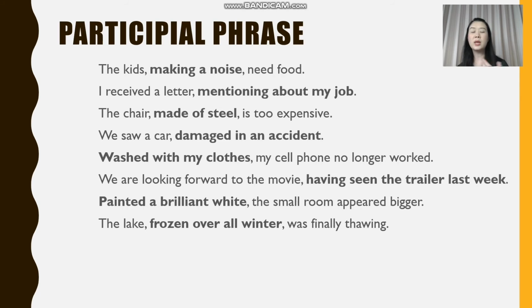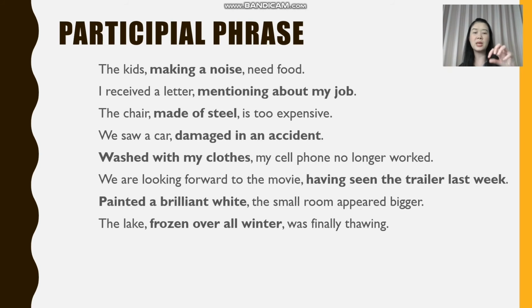So it's also like a clause, but with the passive voice structure. So we cannot use ing, but we need to use the past participle instead. So we can say the chair made of steel, where made of steel is used to modify the word chair. We saw a car damaged in an accident.